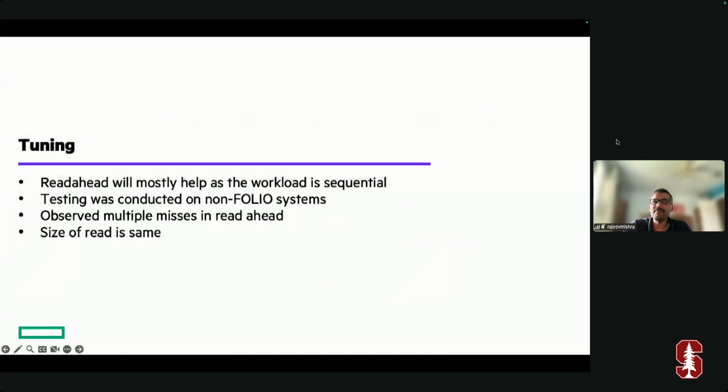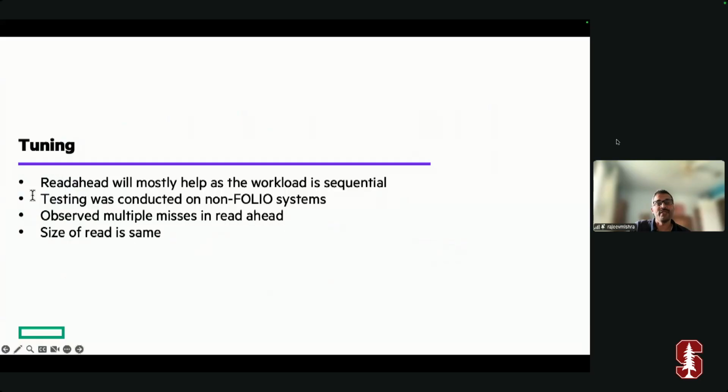So what we did, we tried monitoring Unet 3D with read ahead, and we see that when we did the tuning properly, we were able to see some improvement in the Unet 3D workload performance.